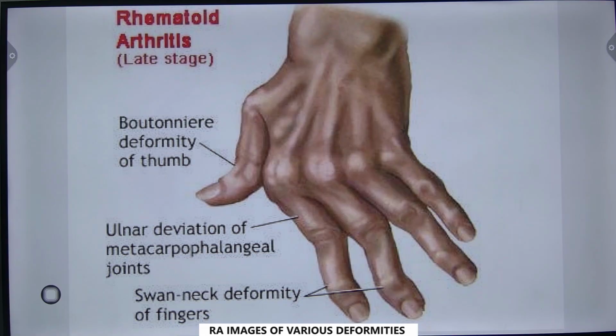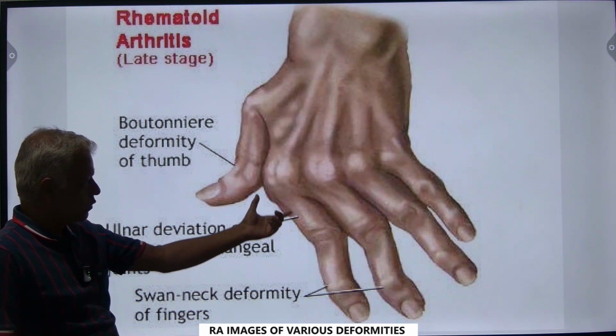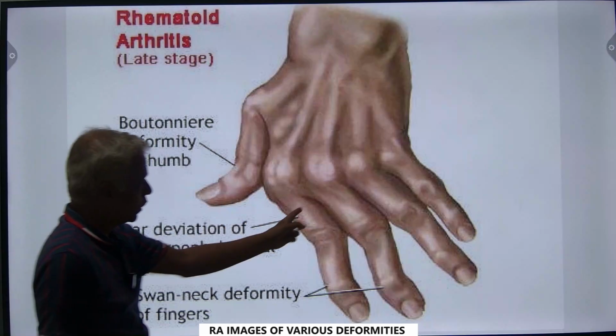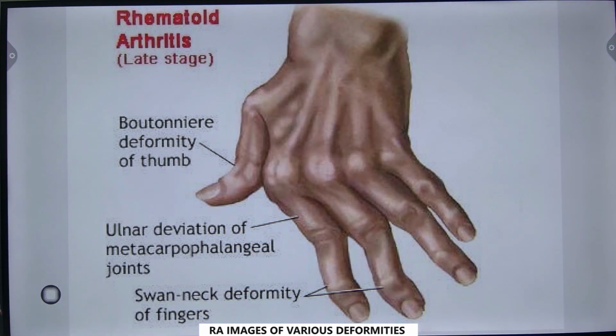As well, this thumb is showing a boutonniere deformity, where there is a hyperextension. Also it is showing ulnar deviation. You can see these metacarpophalangeal joints, and there is an ulnar deviation at the metacarpophalangeal joints. So all three deformities we can see very clearly in this image.